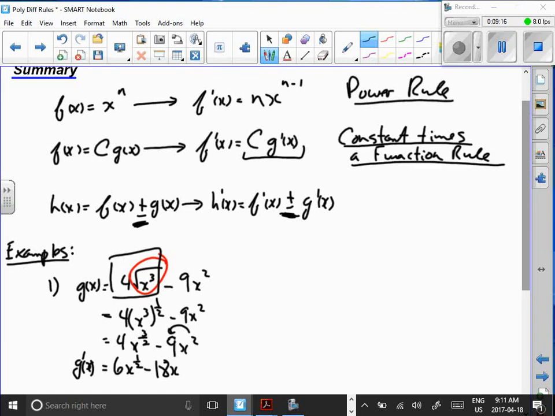I'll have to remind you later in the course, because this is how people see power rule, and it's really constant times the function with power rule. Sort of like when we have trig functions, for example, we often don't have exponents, or when we have logarithmic functions and so on, it's a different thing, and people forget what they're doing. Don't worry, when we get there, I'll go over it again.